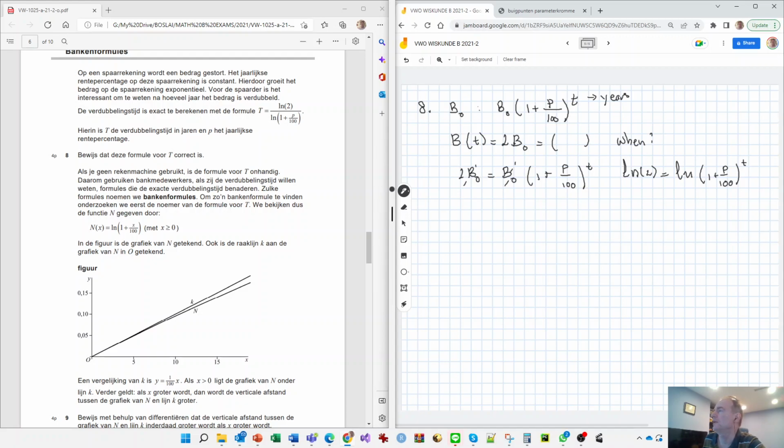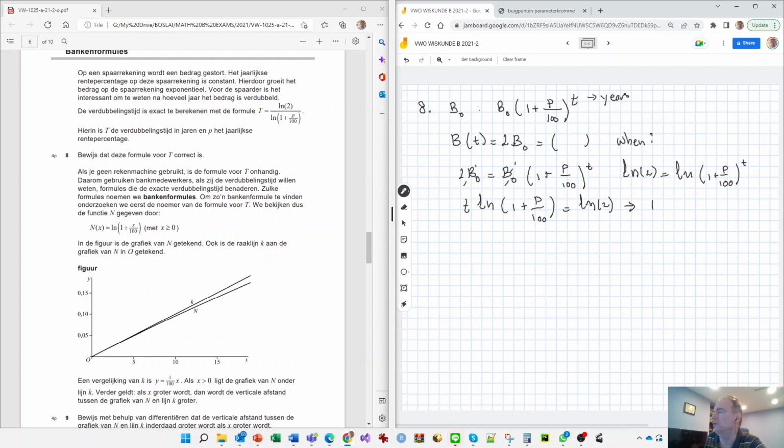And the nice thing about this is that I can use the known properties of the log to get this t in front. And let me already flip left and right as well, so I get t log 1 plus p divided by 100 equals log 2.